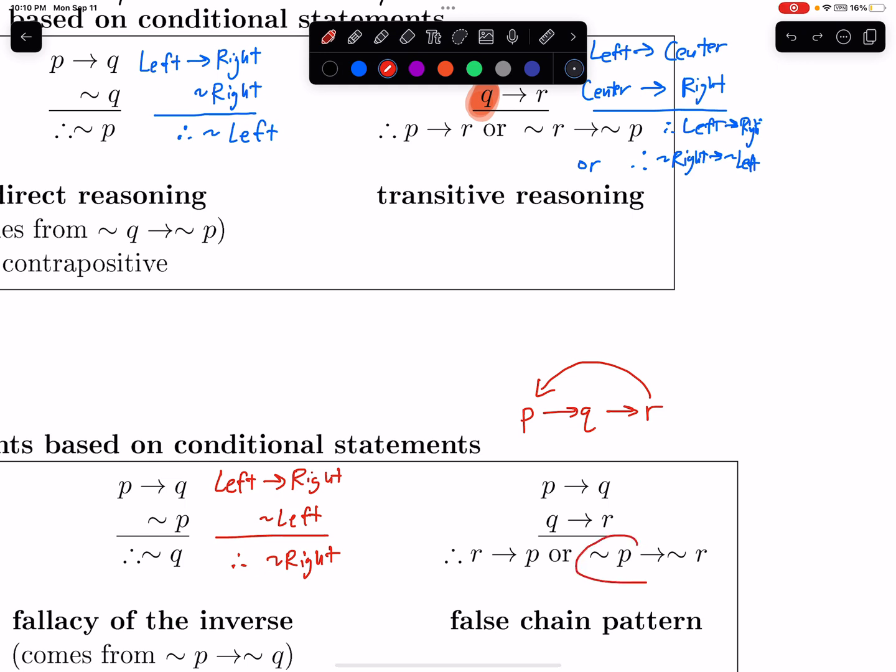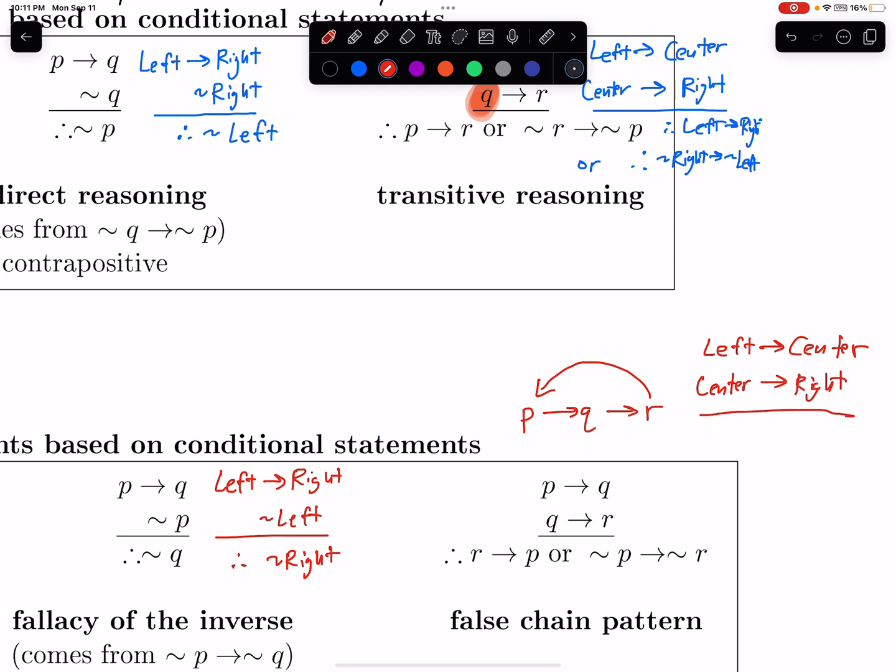And this one over here, that's the inverse of the correct statement. Remember, the inverse is not logically equivalent, right? So the correct statement was P to R, but this one is not P to not R. So what's happening in terms of the pattern here? You're going from left to center, and then from the center to the right.